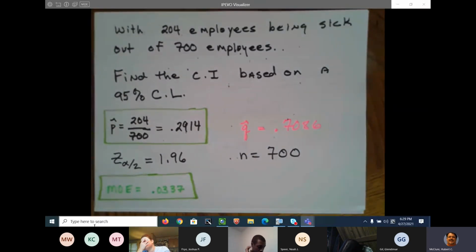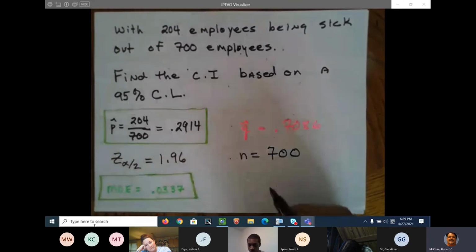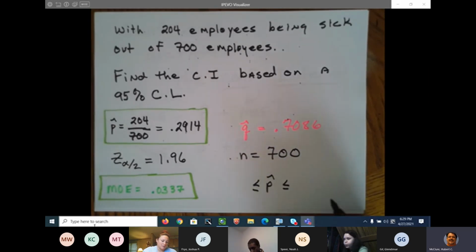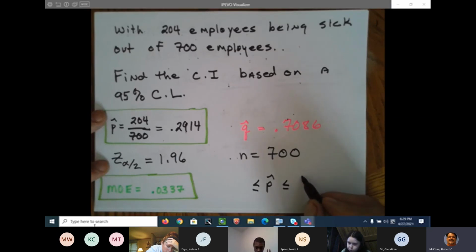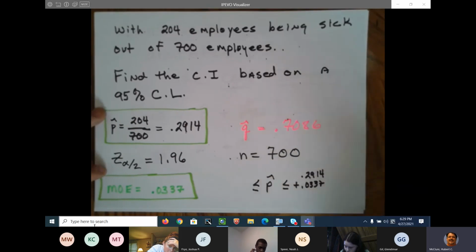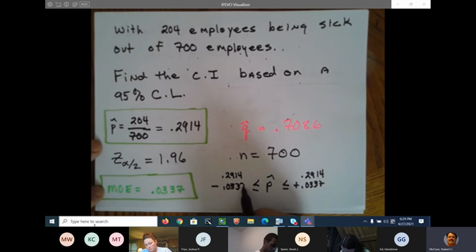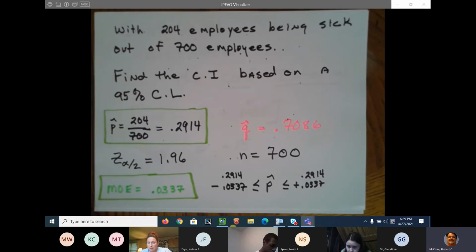And I want somebody to put p hat right here in the middle. And over here, I want somebody to take 0.2914 and add it to 0.0337. And over here, you subtract 0.2914 minus 0.0337. Because what do we do on the right? We add. And what do we do on the left? We subtract.